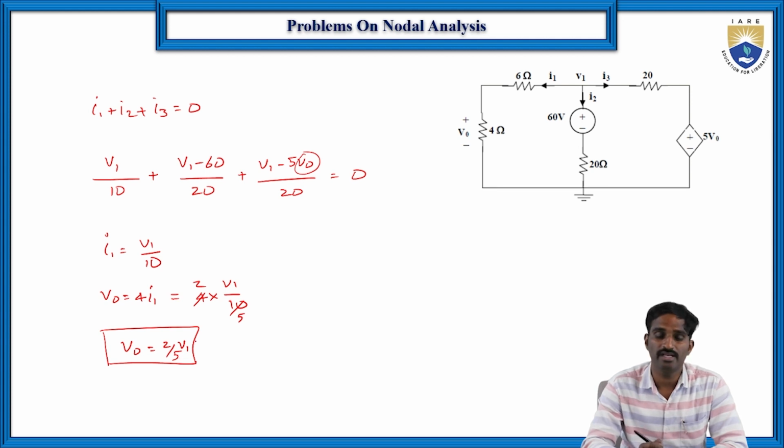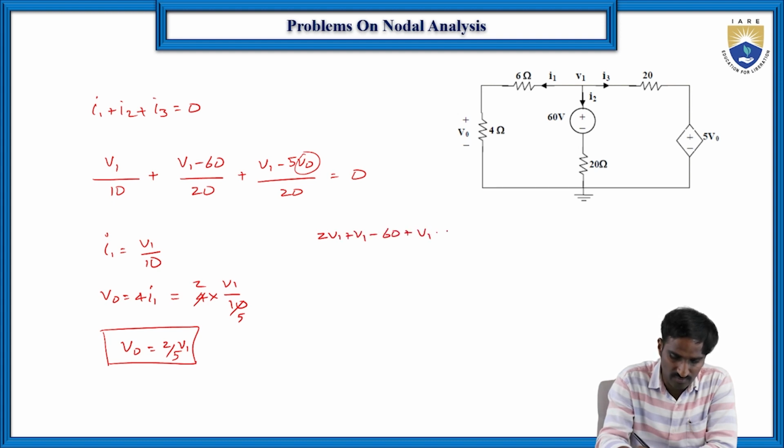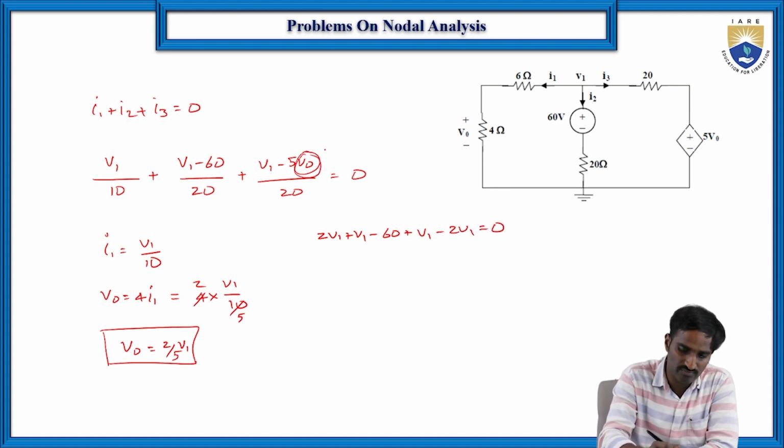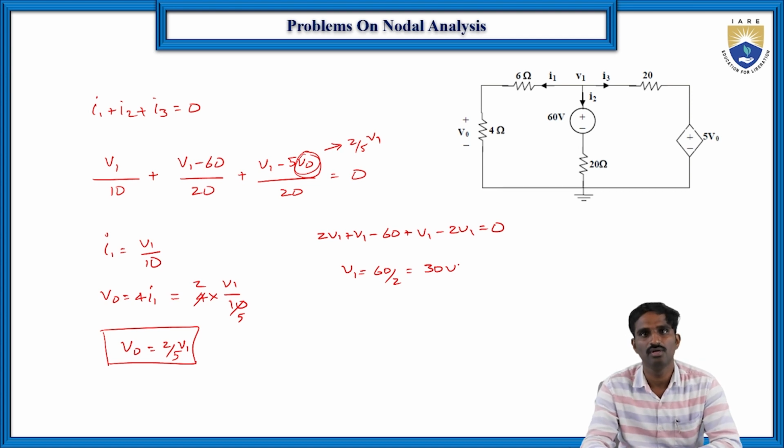If you simplify this, you will get 2V1 plus V1 minus 60 plus V1 minus 2V1, which is equal to 0, because I have just substituted V naught equal to 2 by 5 into V1. Then if you simplify, finally V1 is equal to 60 by 2, which is equal to 30 volts.